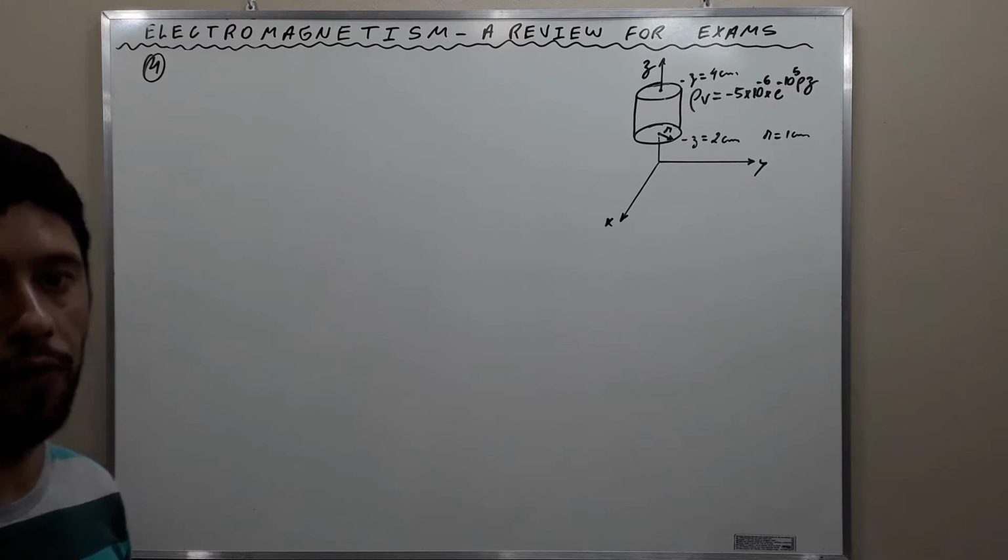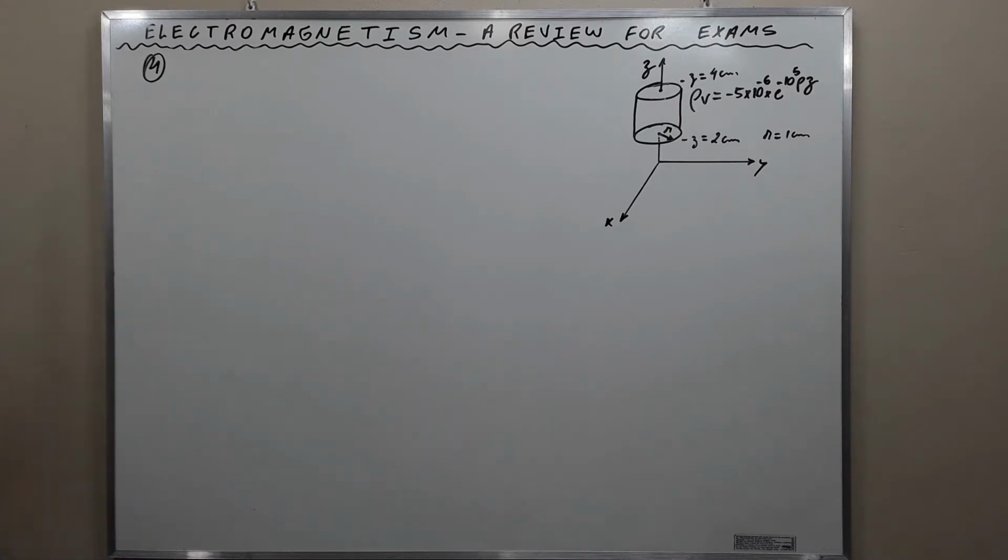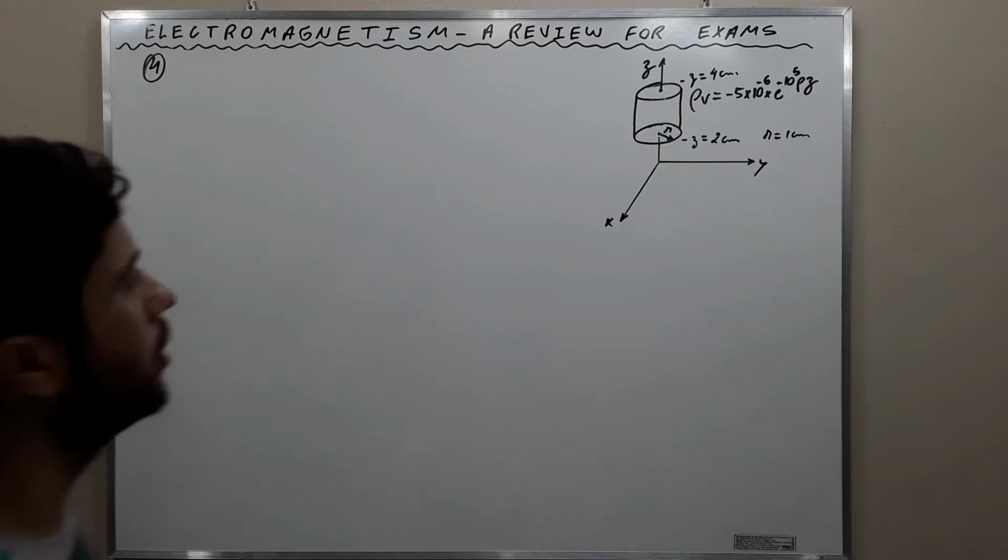Exercise 4 now. Calculate the total charge contained in a 2 centimeter length electron beam as shown by the figure.